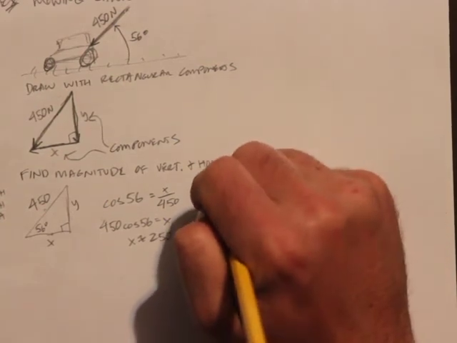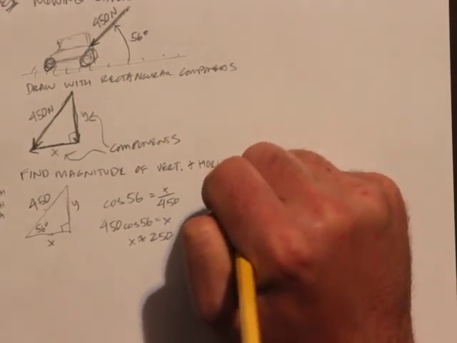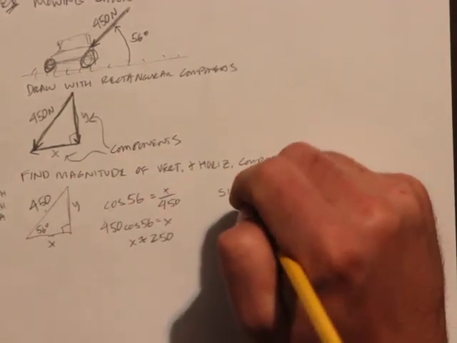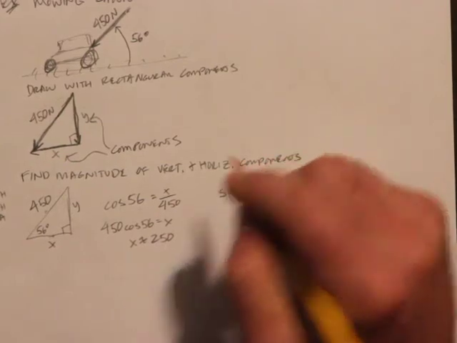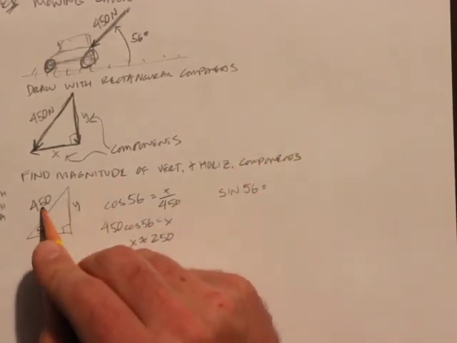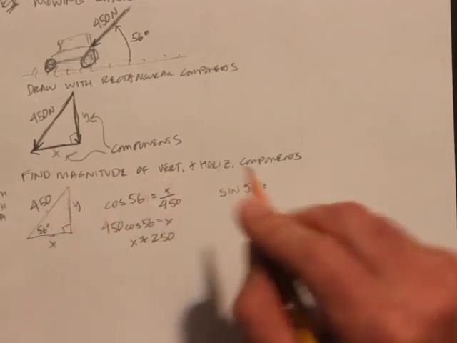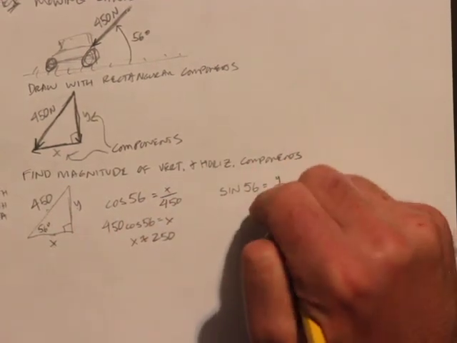And now I'm going to use sine to find Y. Sine of 56 is opposite over hypotenuse, so Y over 450.